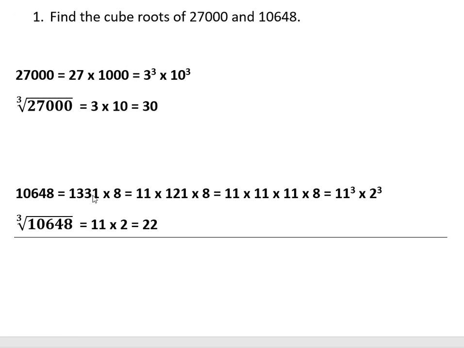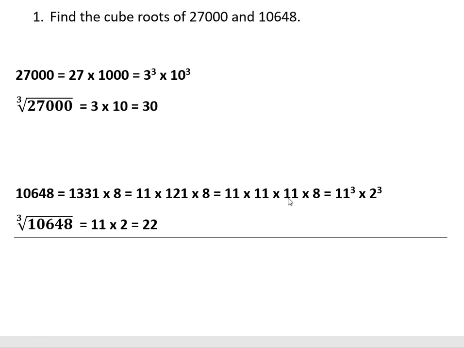Now we have to divide 1331, and when we break it, it comes as 11 into 121. 11 into 121 is 1331, and when we further divide 121, we get 11 into 11. So after the factorization method, 10648 is 11 into 11 into 11 and 8.